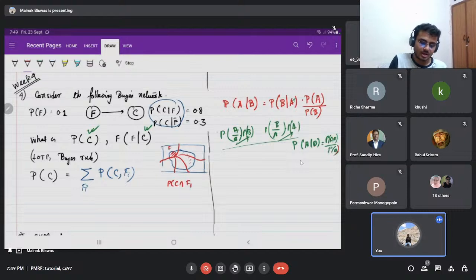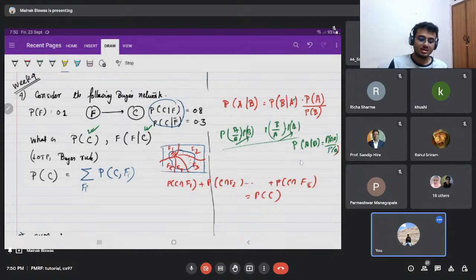Say this is your F1, this is your F2, this is your F3, this is your F4, this is your F5. So P of C intersection F2 and so on. If you take P of C intersection F5, the sum is nothing but P of C, right? You can clearly see that. If you can't see, you ask, otherwise I'll just go to the map. This is your C. So C intersection. Got it, sir. Yeah, great.